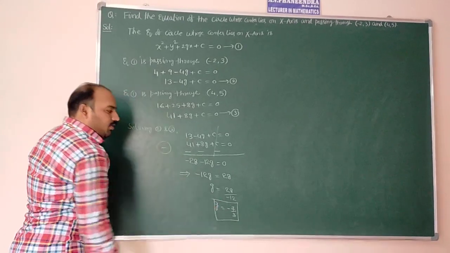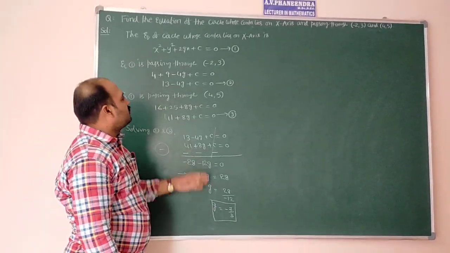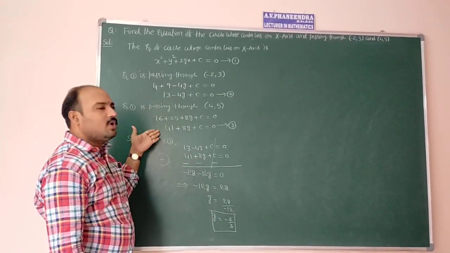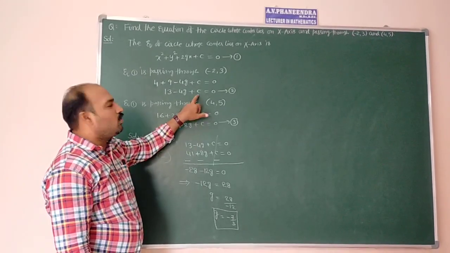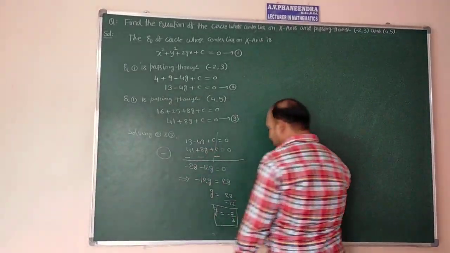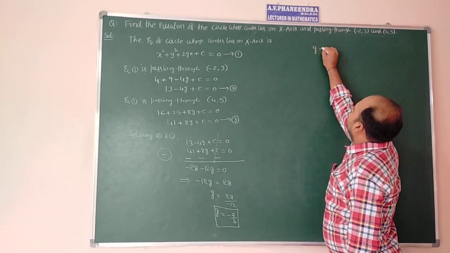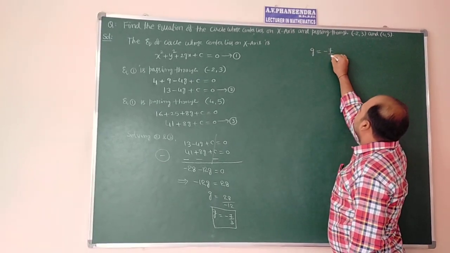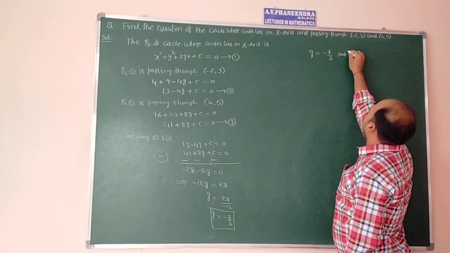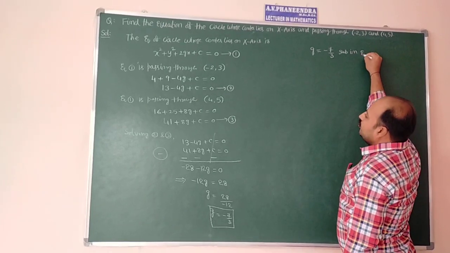After getting the value of g, substitute either in the second equation or the third equation, and you will get the value of c. So g equal to minus 7 by 3. Substitute in equation 2.